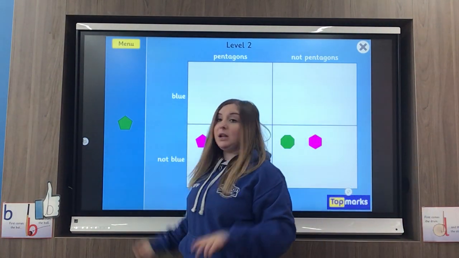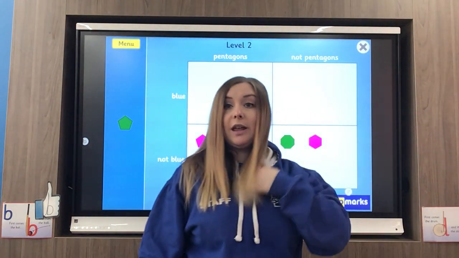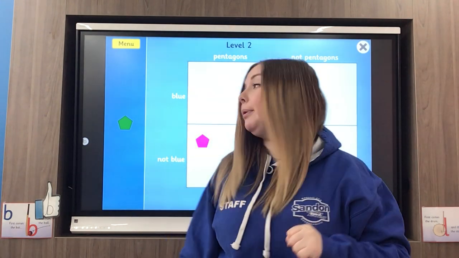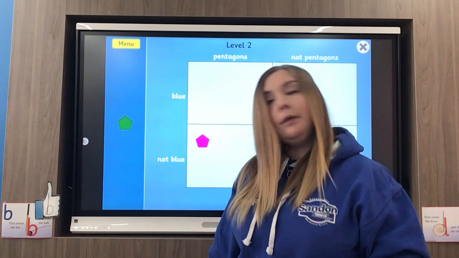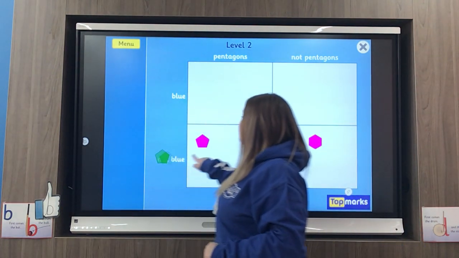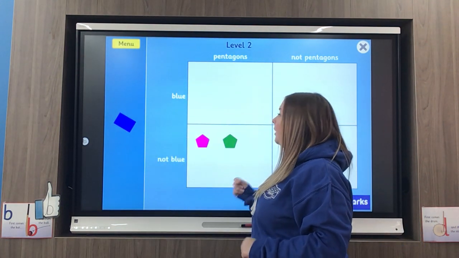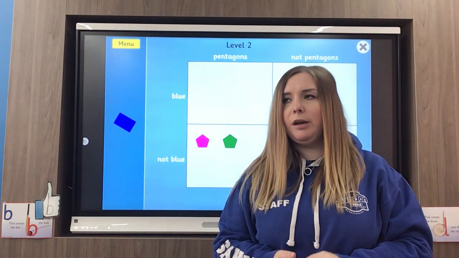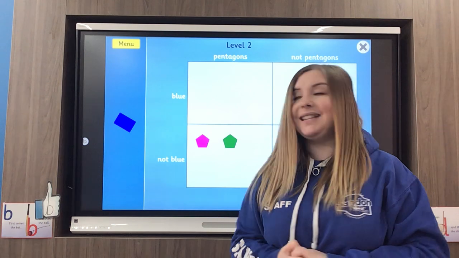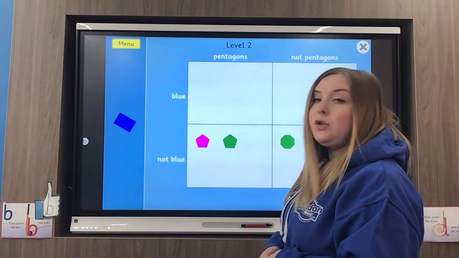Okay, so here we've now got a 5-sided shape. What do we call a 5-sided shape? Okay, so we do call that one a pentagon, but is it blue? No, not blue. It's going to come down here then. Okay, now this one's a bit tricky because they've rotated our shape. It's on a bit of a slant. So it's got 4 sides.